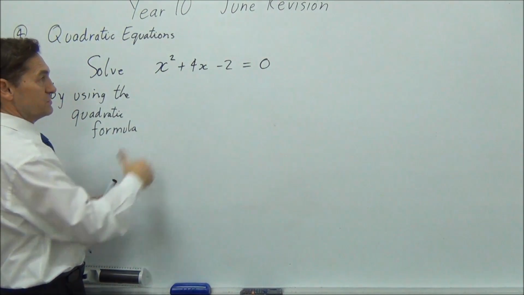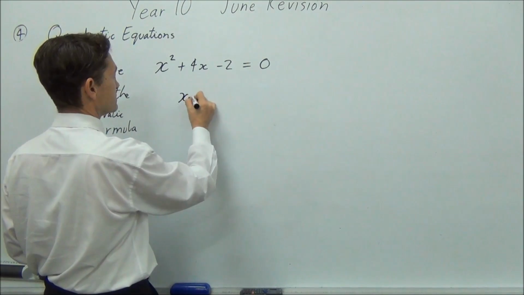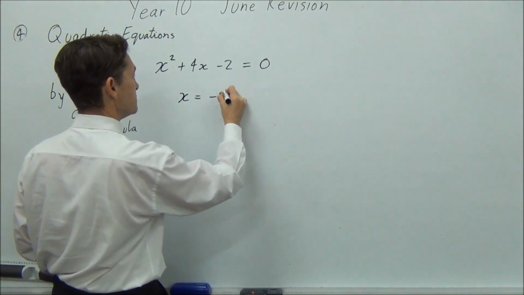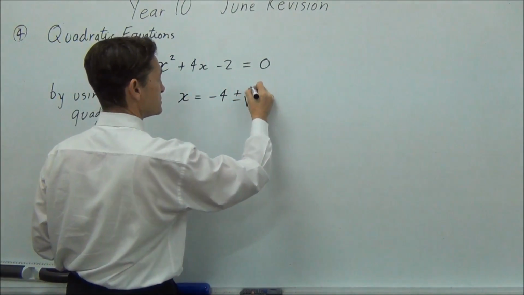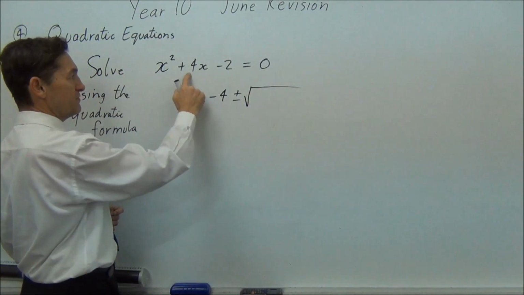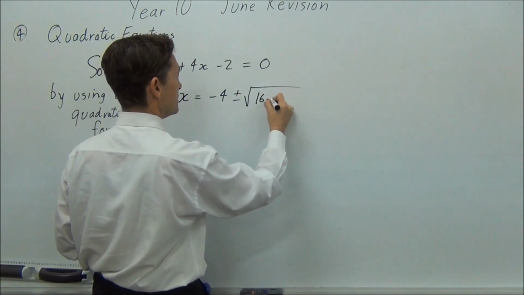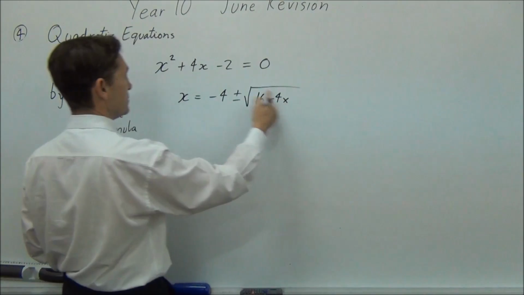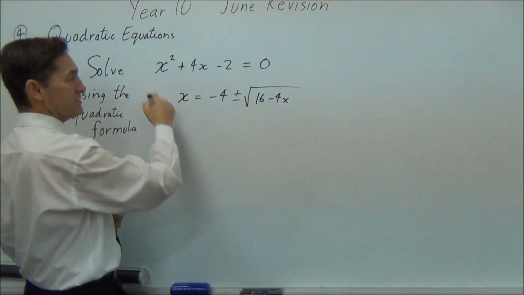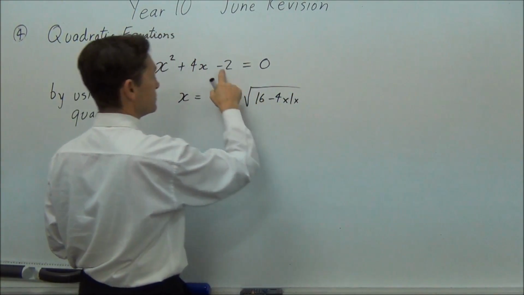So let's use the quadratic formula on this. We'll have x equals minus b, so minus 4, plus or minus the square root of b squared, 4 times 4 is 16, minus 4 multiplied by a, which is 1, multiplied by minus 2.